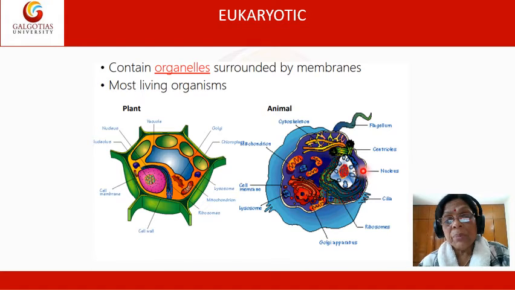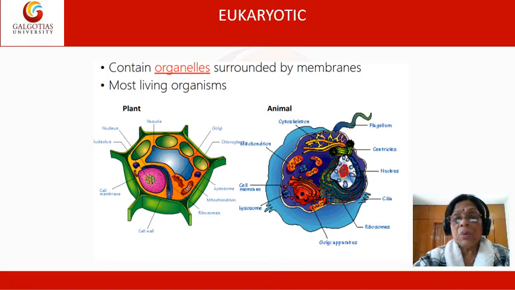Ribosomes are present on the endoplasmic reticulum. This is the endoplasmic reticulum. This is the centriole, which arises during cell division, and these are the cytoskeletons present inside the cell. Now let us come to the next slide.